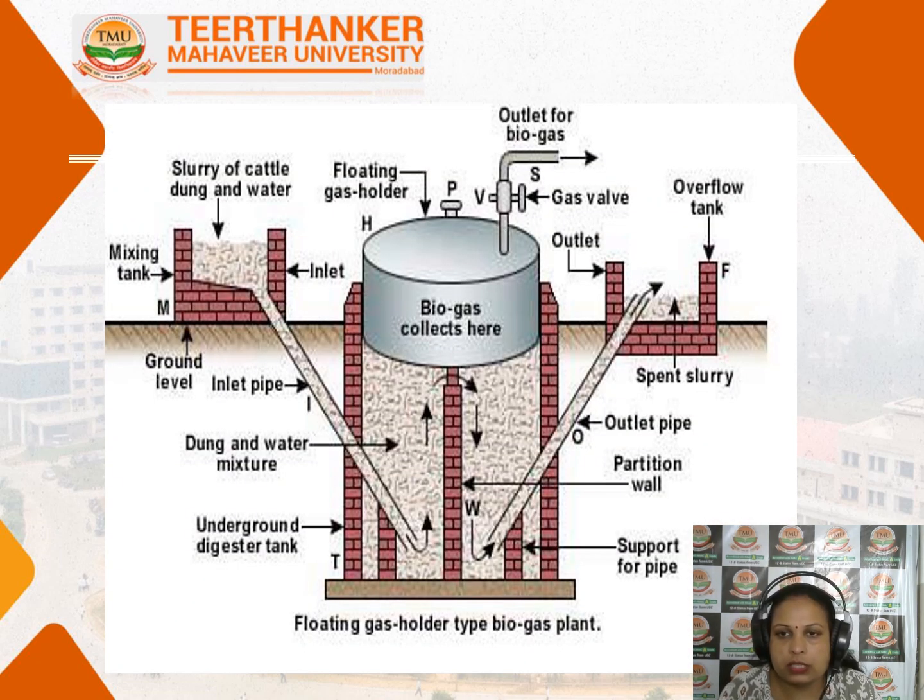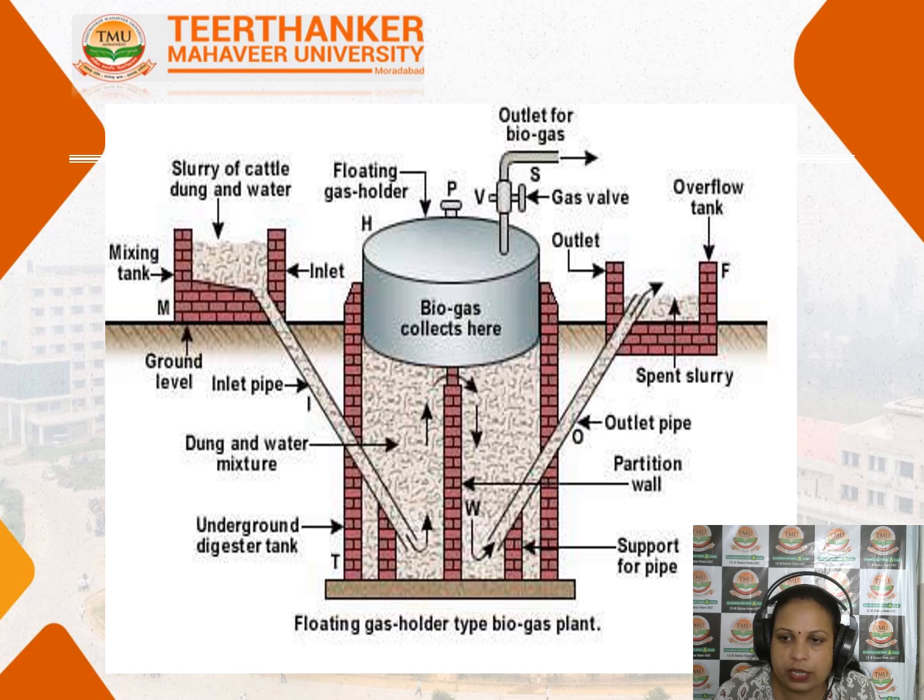Now, this is the model of the second type of biogas plant, the floating gas holder type. The difference between the two types is that the digester tank in the fixed dome type is fixed and made of cementing material. But in the floating gas holder type, the gas collects here, and this chamber is made of stainless steel.